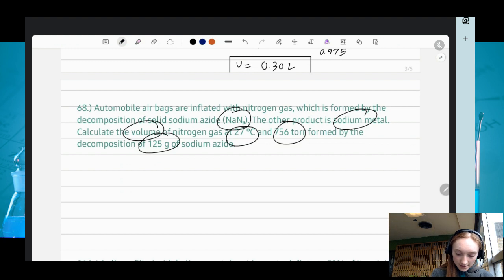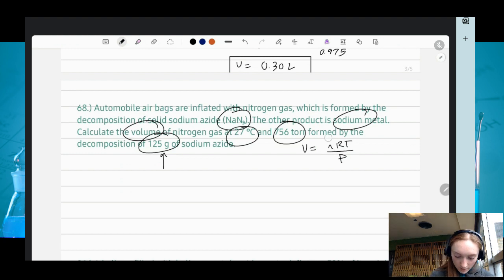So, just like the last problem that we just did, we use the mass of the sodium azide and then convert that into the nitrogen gas through molar mass and mole conversions, and then we use the number of moles, and then we insert it into our ideal gas equation to solve for volume, just as we did in the last problem. So the equation that we'll be putting everything into in the end will be V equals nRT over P, and so we're solving for n right now.